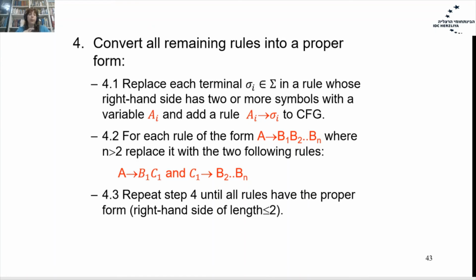We will repeat this step until we have no rules with a right-hand side longer than 2. We will stop running the algorithm when all the rules have a correct right-hand side. Correct form means each rule derives either only two variables or one single letter of the alphabet.